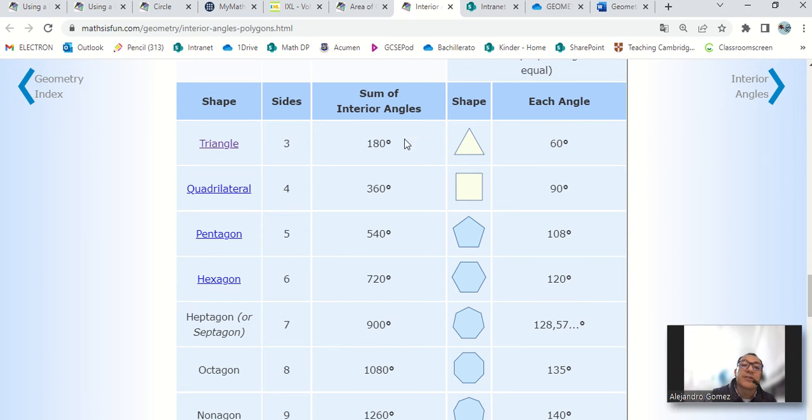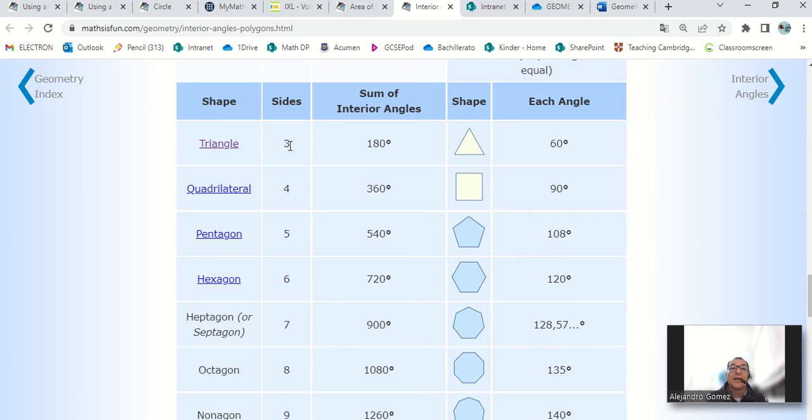The sum of interior angles in a quadrilateral, whether it is a square, a rhombus, or a parallelogram, must be 360 degrees. And so on with pentagon, hexagon, heptagon. And check this: every time we are adding 180 degrees.